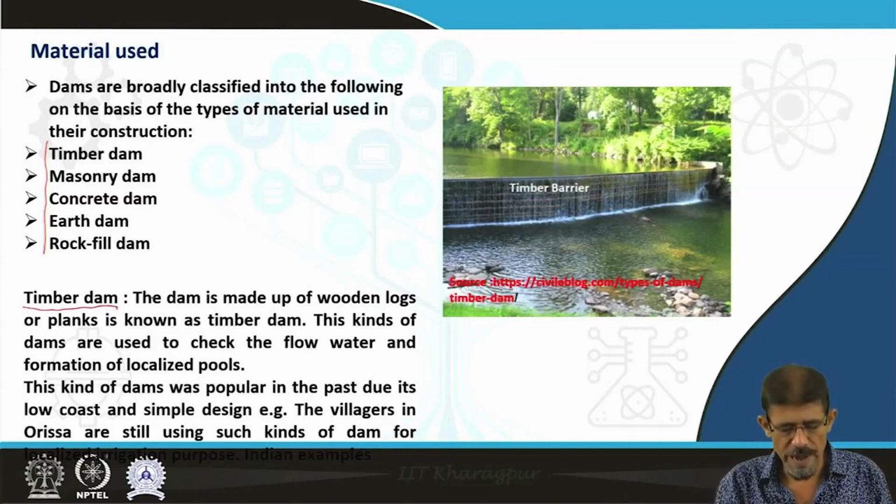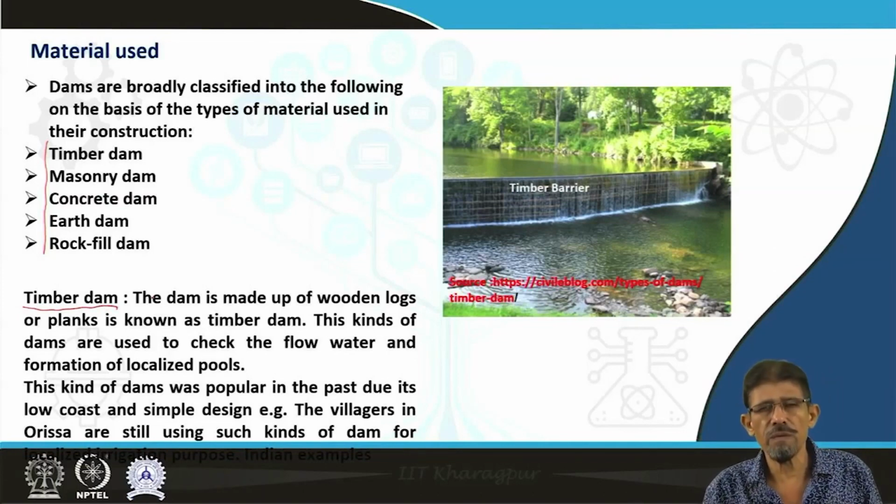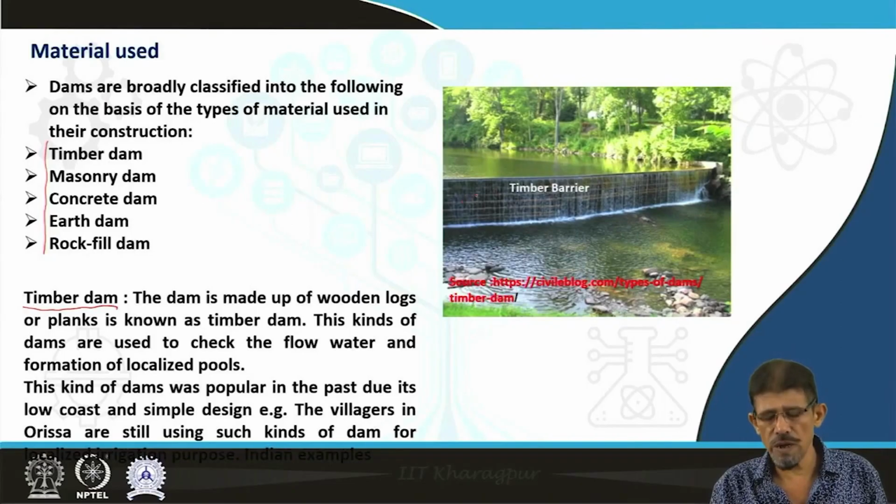The timber dam is made up of wooden logs or planks. Design-wise, the wooden logs or planks are distributed horizontally and some wood logs are utilized as support. We will discuss this during another type of classification.